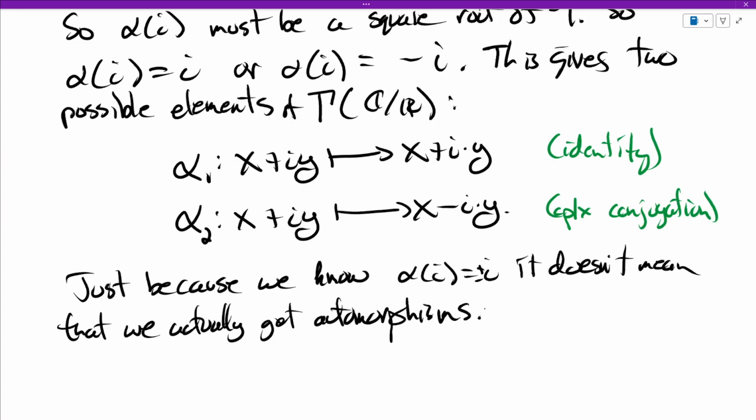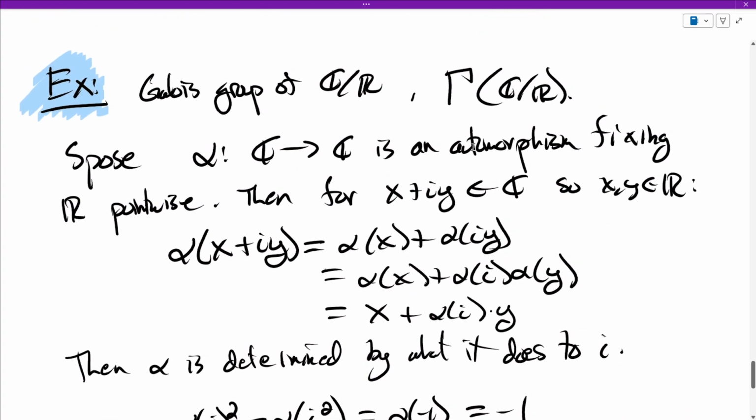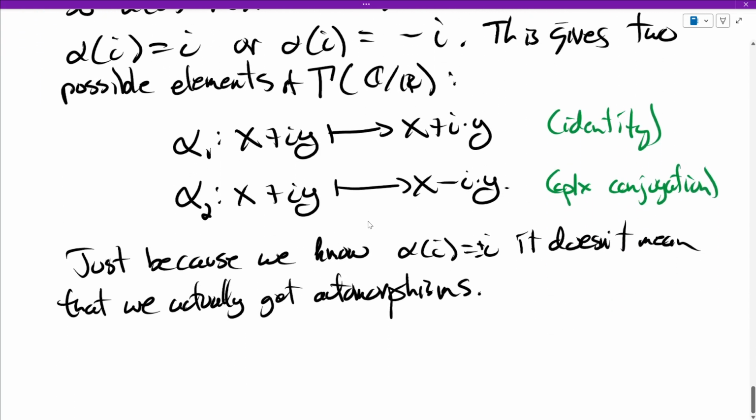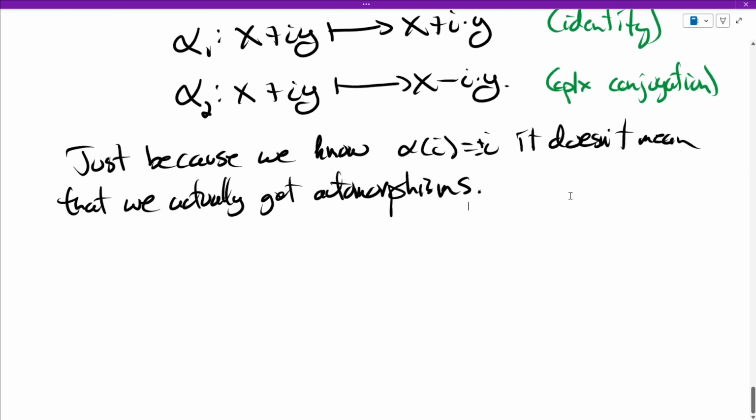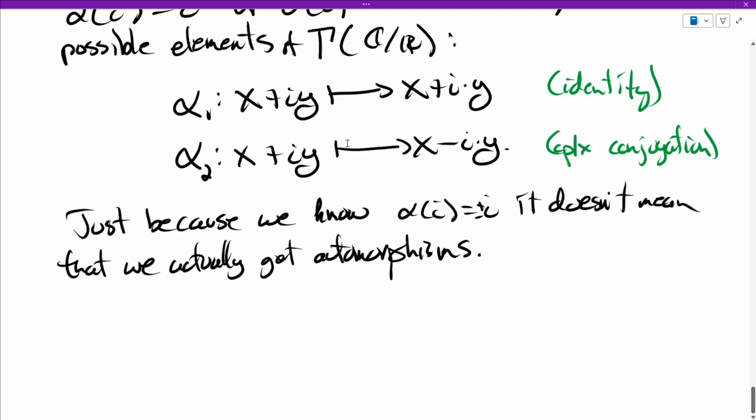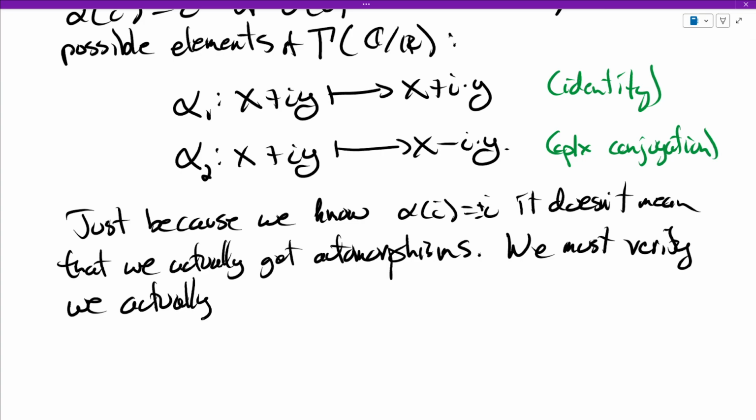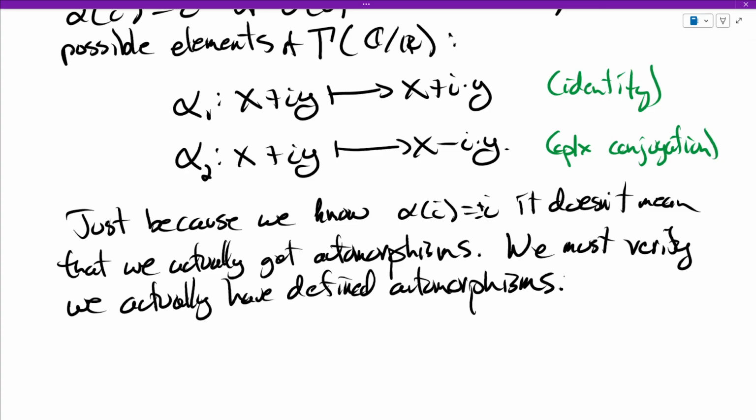Our conditional was: if we had an automorphism, then it must do this. We haven't shown that if it does this, then it is an automorphism. That's the converse statement, which is not equivalent to the original if-then statement. So we actually need to check. We must verify we actually have automorphisms. This has to be done. We do not automatically know that alpha 1 and alpha 2 are automorphisms.